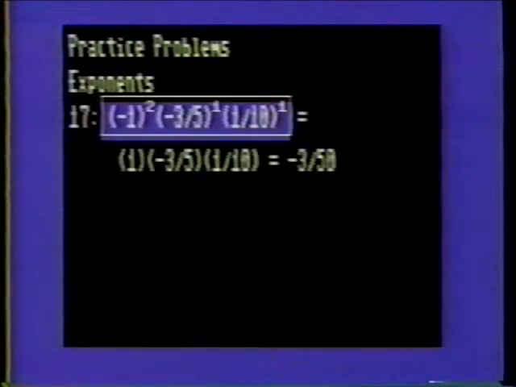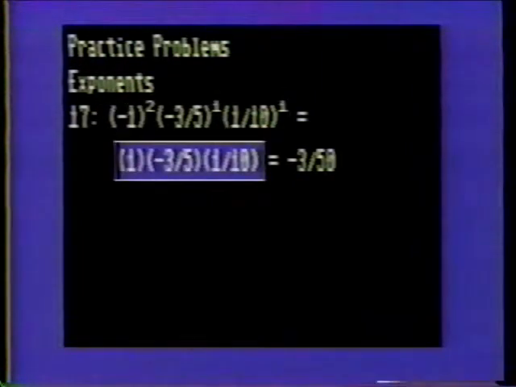Problem 17. Negative 1 squared times negative 3/5 to the first power times 1/10 to the first power. Negative 1 squared is the same as negative 1 times negative 1, and negative 1 times negative 1 is 1.